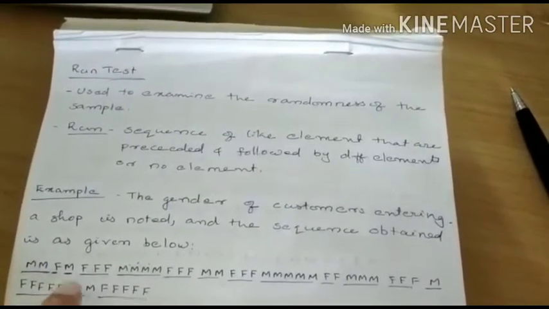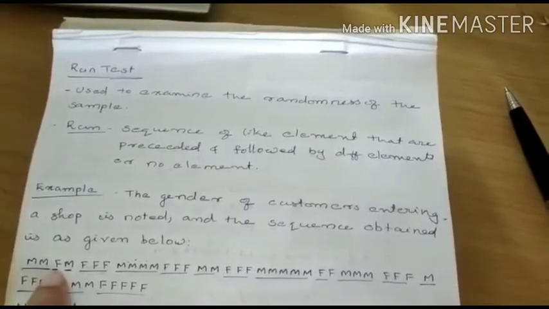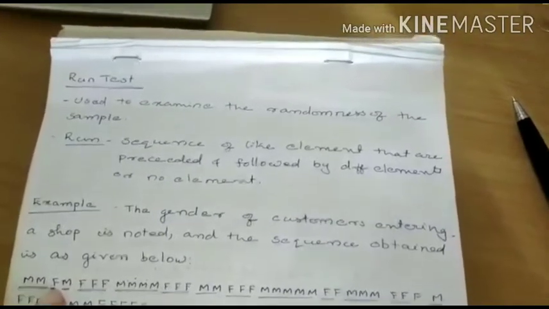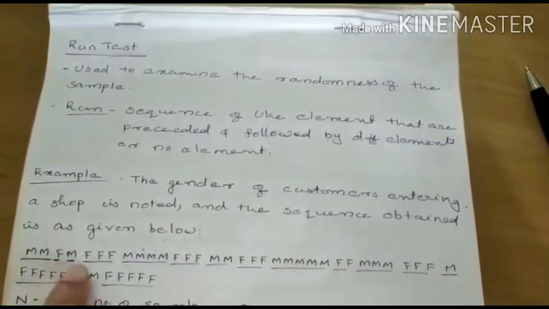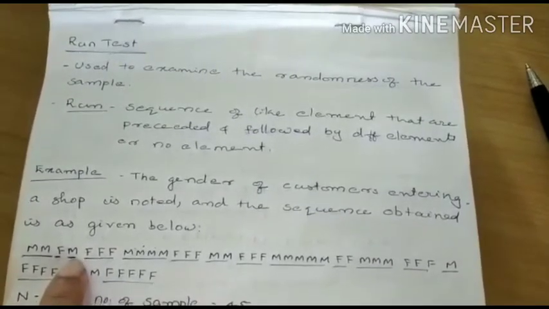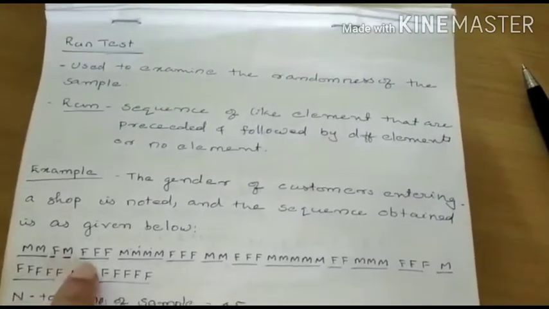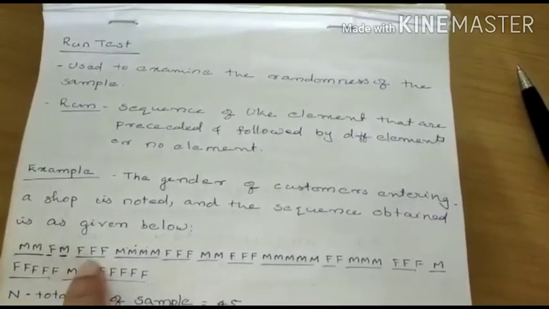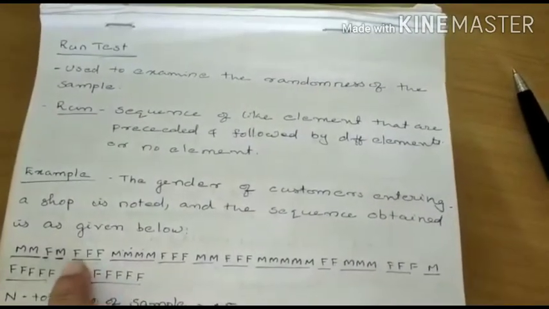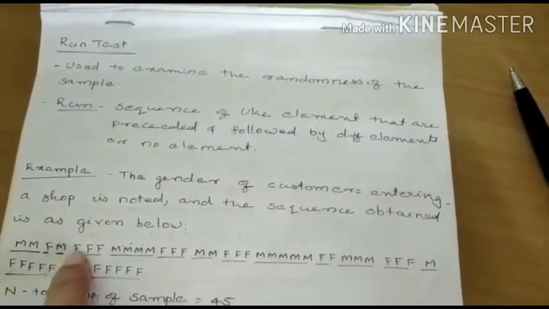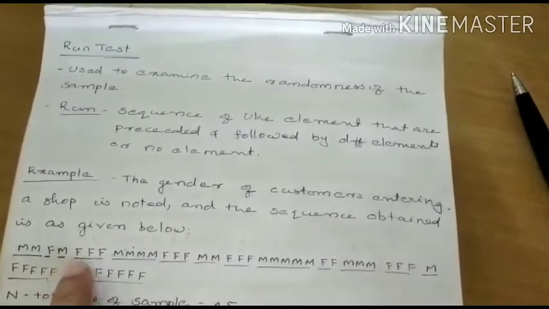Then F, which stands alone, is another run. Here there is an M, that's another run, and here there is another sequence of 3 F that forms another run. Okay, so that's the concept of a run.